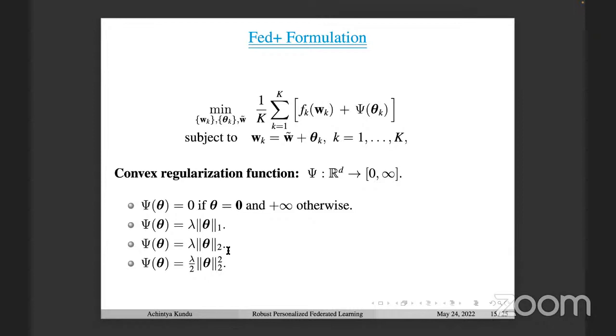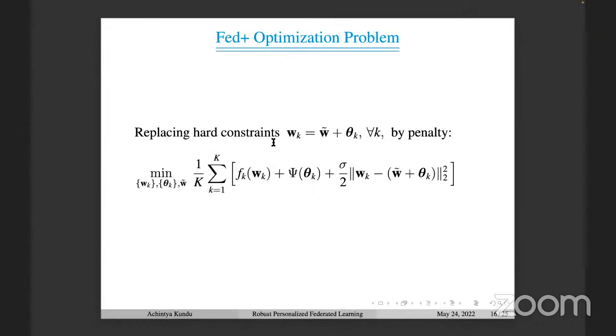Now with that, this problem is still very difficult to solve because of this hard equality constraint. So what we do is replace this hard constraint with a penalty. This is the penalty. It ensures that WK, which we modeled as W tilde plus theta K, is somewhat close. This has several benefits.